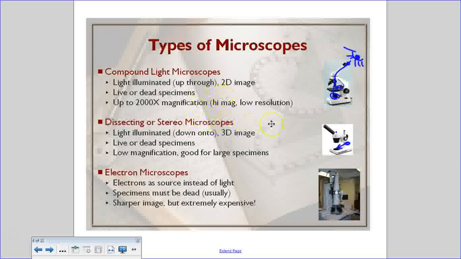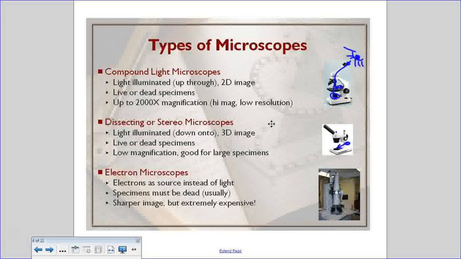You can see live or dead specimens. If you had some pond water, for instance, and you put it onto the microscope, then you might, by chance, see some living organisms that are in it, depending on your sample. But you can also look at prepared slides of dead specimens.